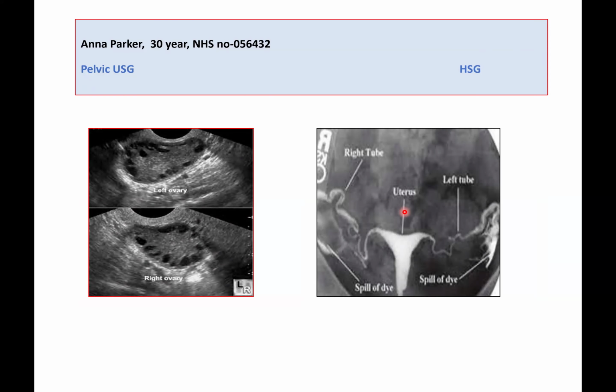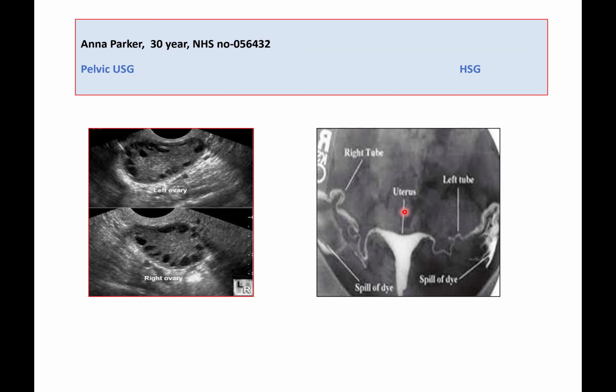Yes, I am Sweta. I have read the instructions and am ready for the structure discussion. Can you explain the picture? Yeah, the scan. My patient is Anna Parker, 30 years old, and the pelvic scan report has been given to me.